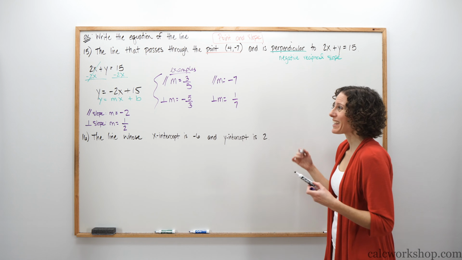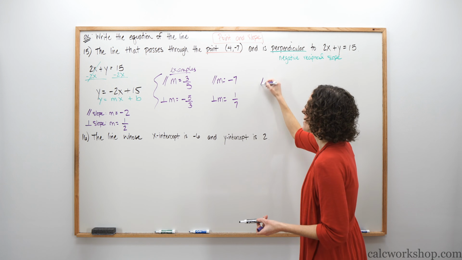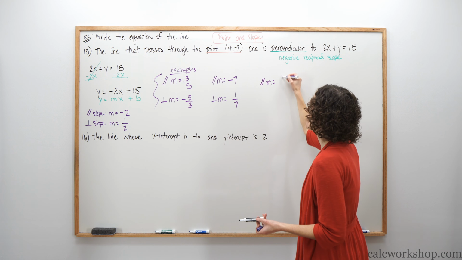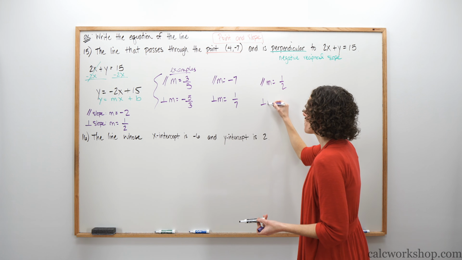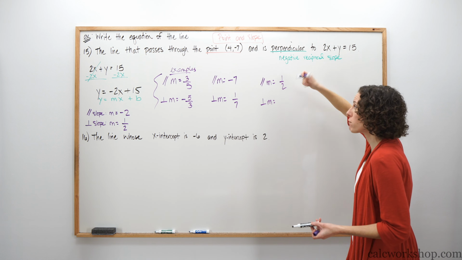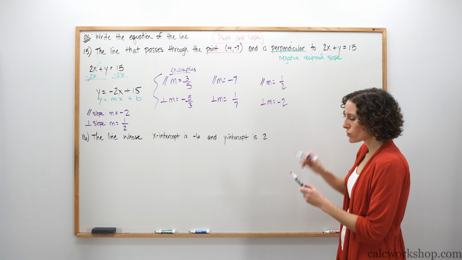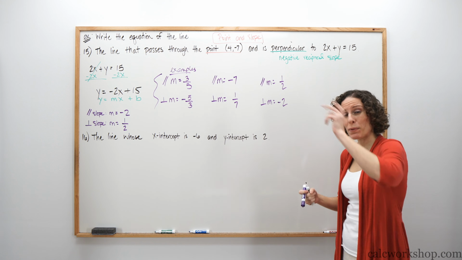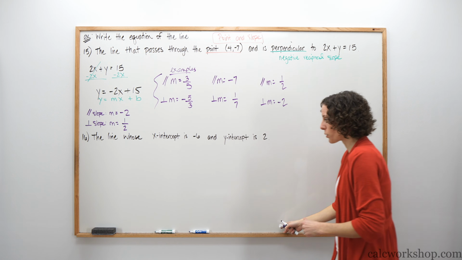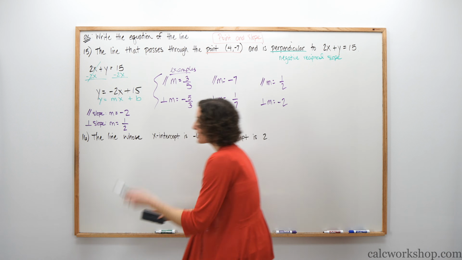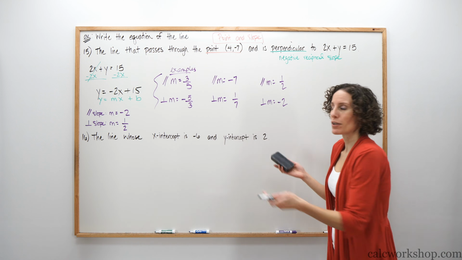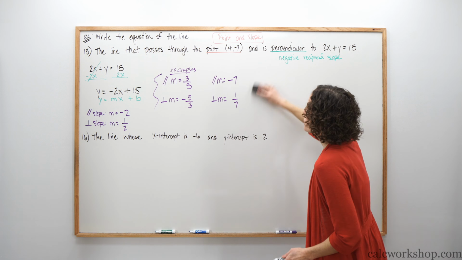So all we're doing is flipping the fraction. Once again, if the parallel slope was 1/2, the perpendicular slope would be to flip it and change the sign to say -2. So what we're doing here is flipping and changing the sign to get the slope that we want. And we learned how to do this in the previous lesson, but if you need a refresher, there you have it.